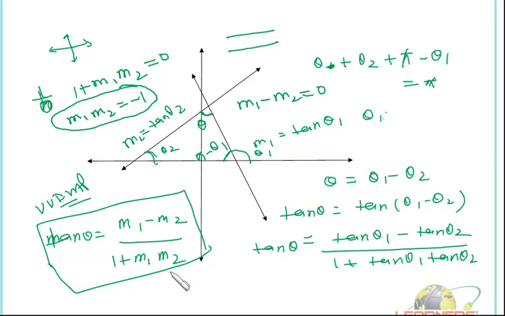If the two lines are parallel, the angle between the two is 0, that means tan 0 is 0, the numerator is 0, so m1 minus m2 is 0, that means m1 is equal to m2. So if the two lines are parallel, the slopes will be equal. If the two lines are perpendicular to each other, the product of their slopes must be minus 1. So this is really important.